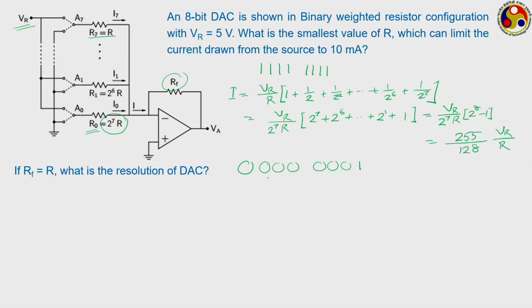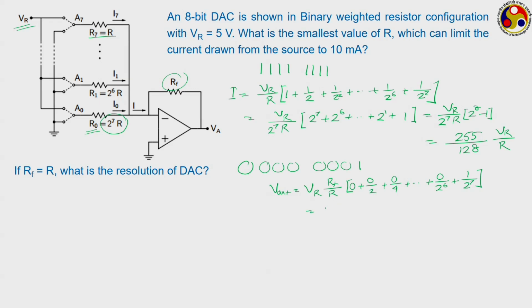So, let us calculate the output voltage corresponding to this. Your output voltage in that case will be equal to VR into RF upon R into all this resistance. Now, here all are 0, only one that is appearing, or if we expand, 0, 0 by 2, 0 by 4, this way it continues, 0 by 2 to the power 6 plus only one appearing is the least significant bit.